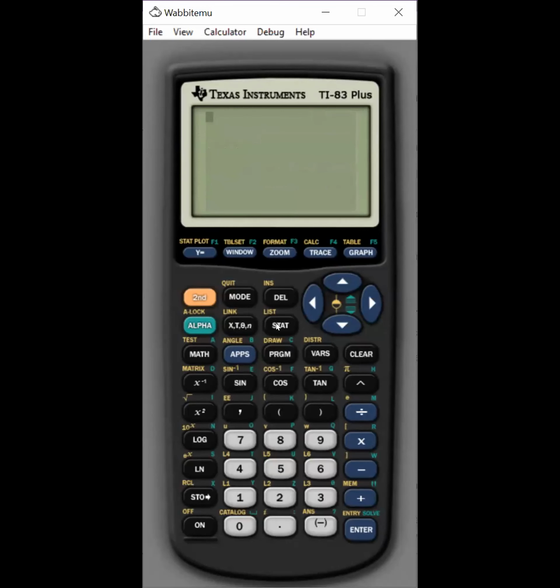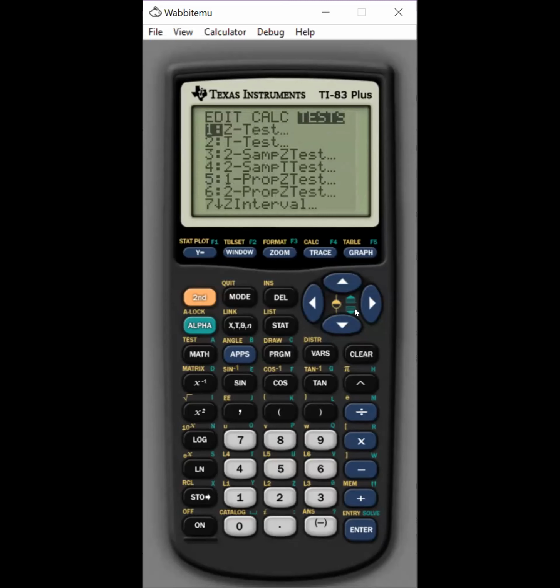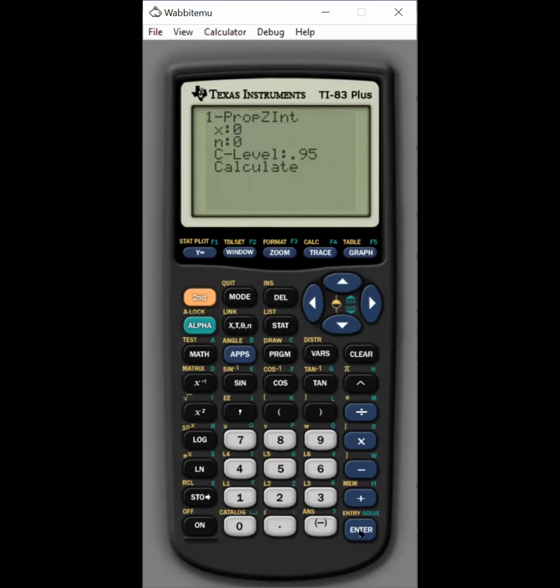I'm going to go to STAT, scroll over to TESTS, and scroll down a little bit. Here we go: the 1-PropZInt. I'm going to hit enter. Remember what my x number was? It was 1309, so I'm going to type in 1309.